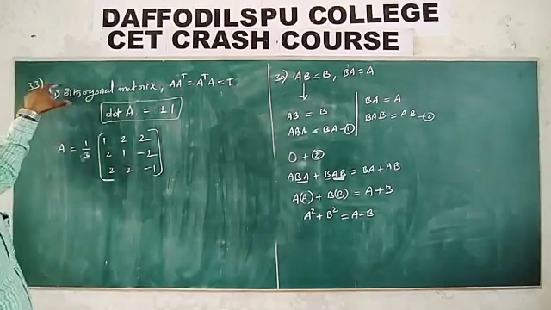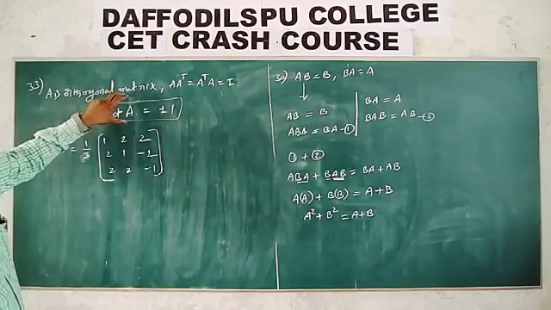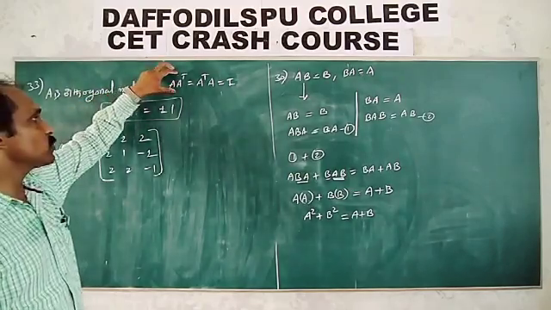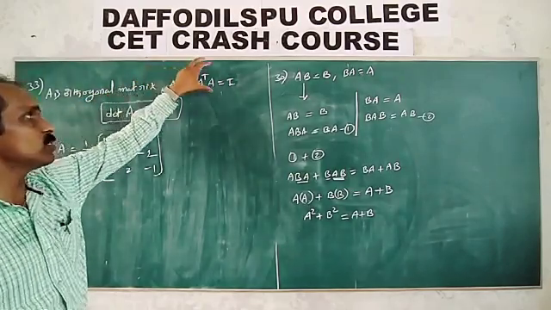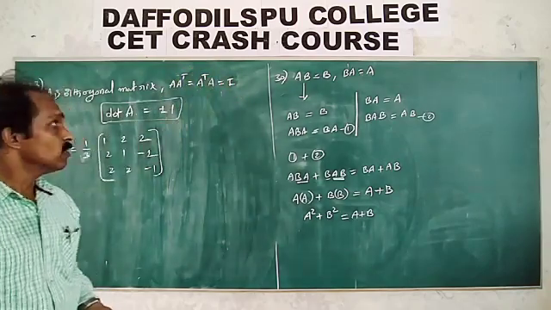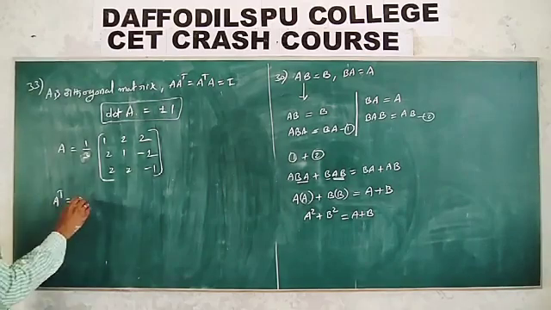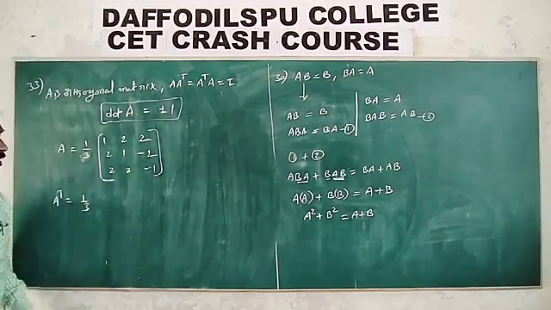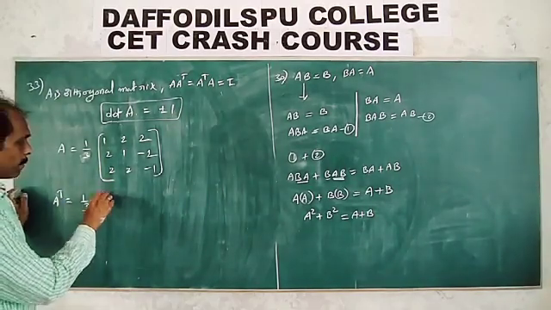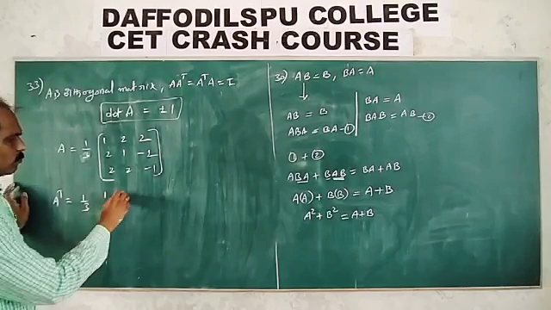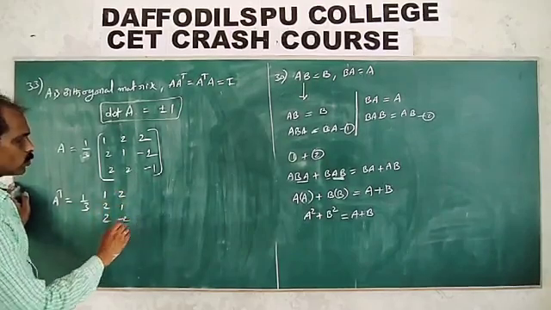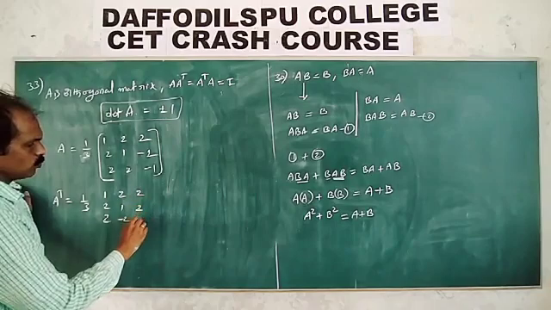A is an orthogonal matrix means by the definition A into A transpose is equal to A transpose into A is equal to I. So we see what A transpose is: 1 by 3 times its transpose.